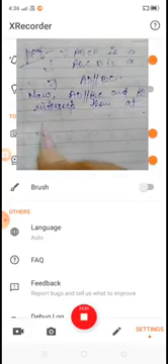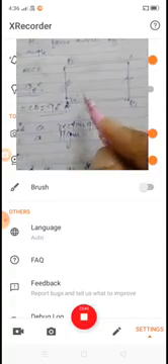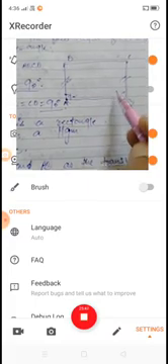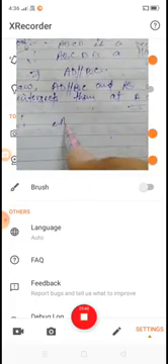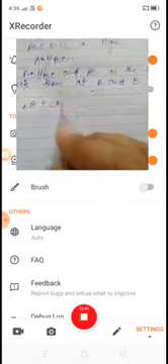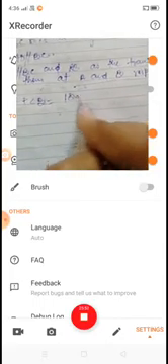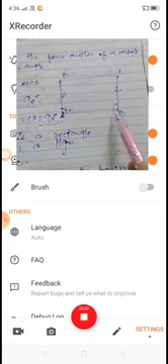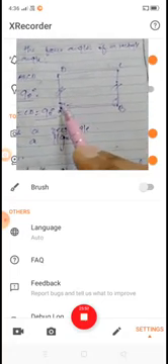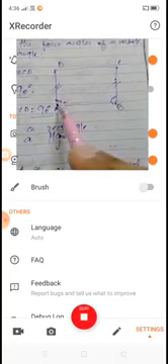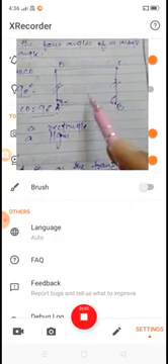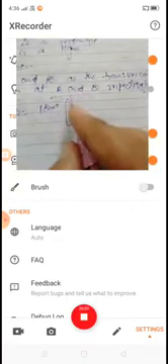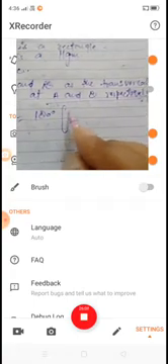Now angle A plus angle B is equal to 180 degree, because you know that when two parallel lines are intersected by a transversal, then the pair of consecutive interior angles are supplementary, that is their sum of measures is 180.